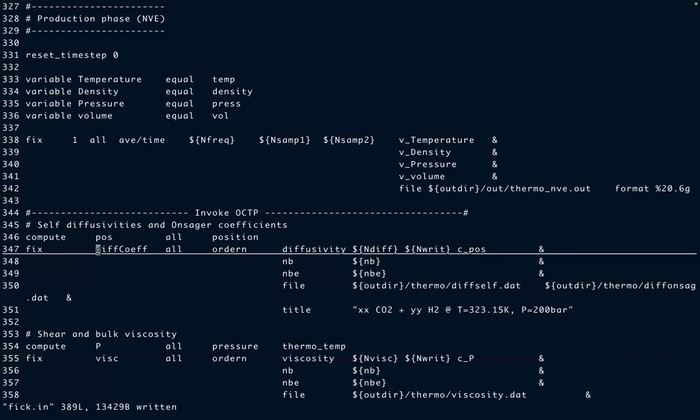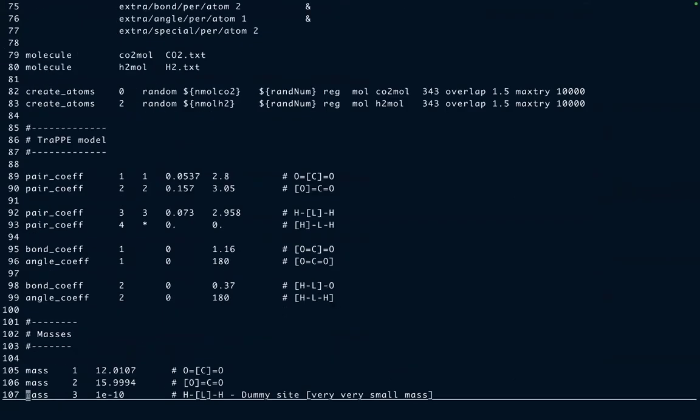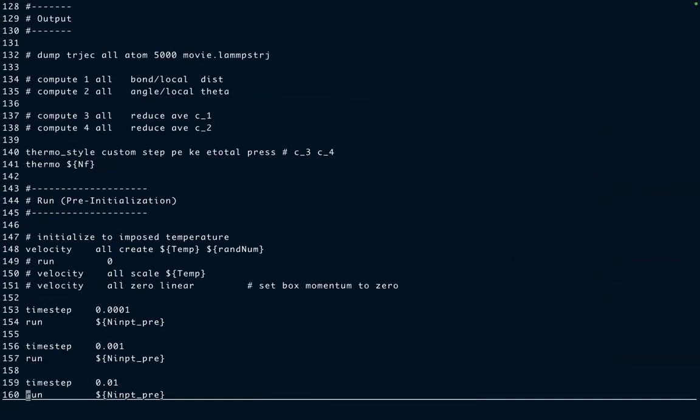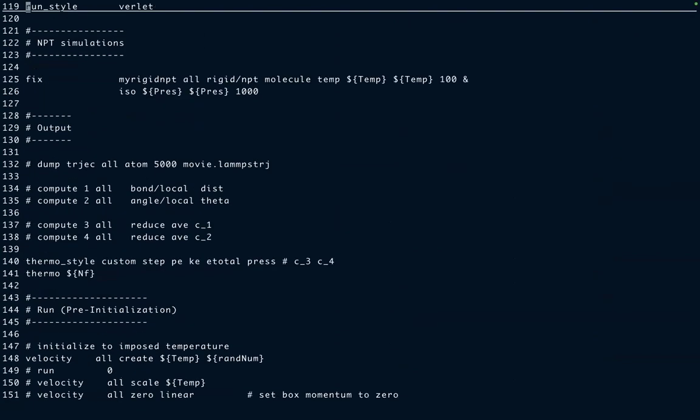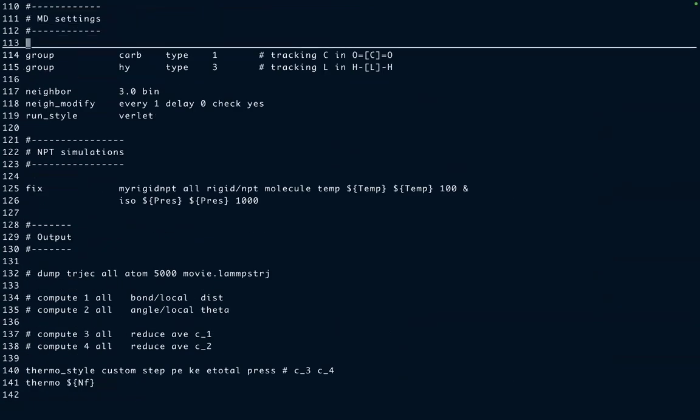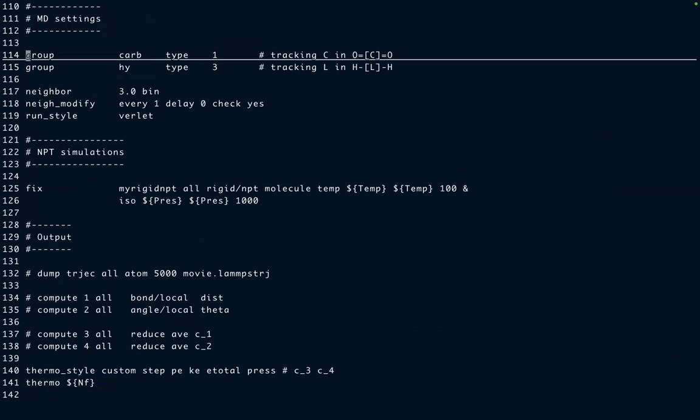To ensure that only the positions of carbon and the dummy atom are accumulated during this compute, we have to specify something called groups in the LAMMPS input script. And this is done in line number 114, where we describe a group. I call the group carbon or carb, where I only track atoms of type 1.